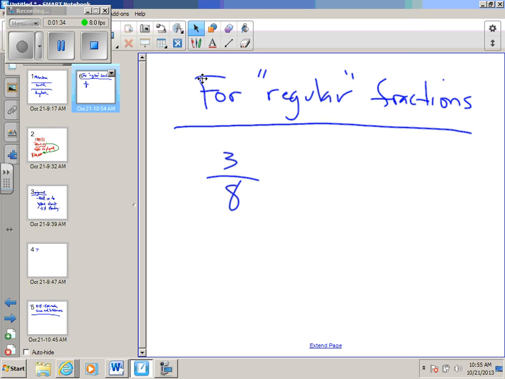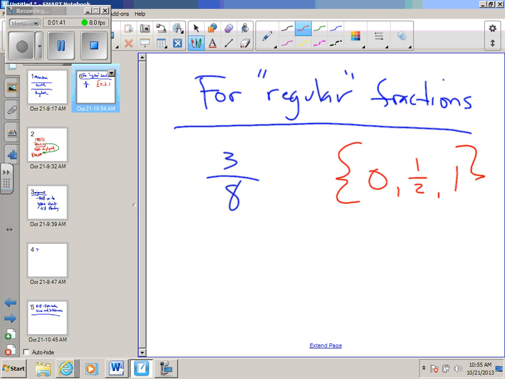When I'm working with these regular fractions, I will be estimating each of these as either closest to 0, closest to half, or closest to 1.